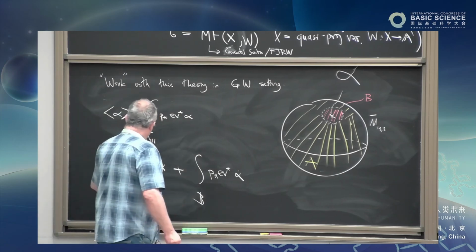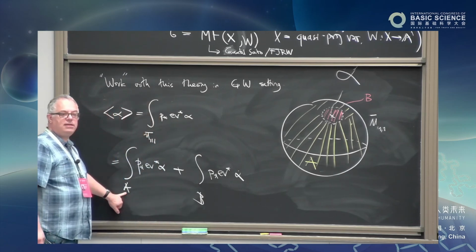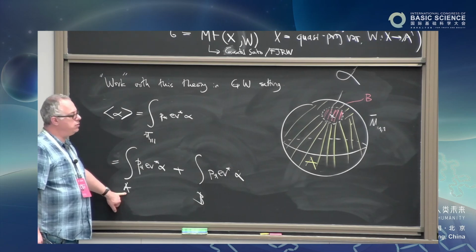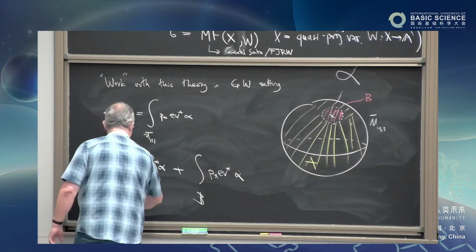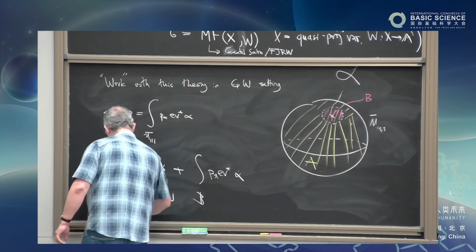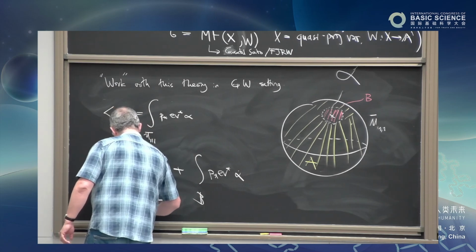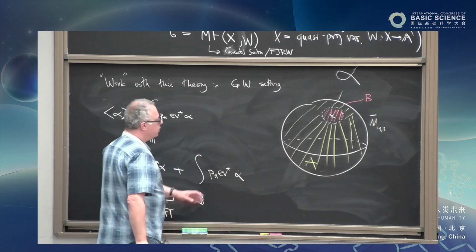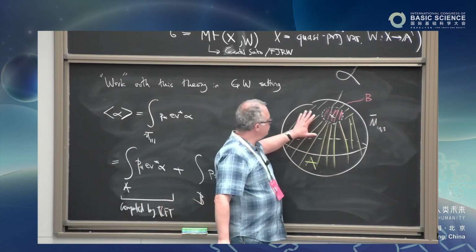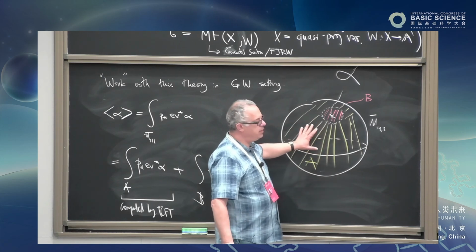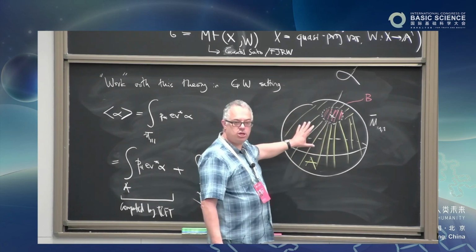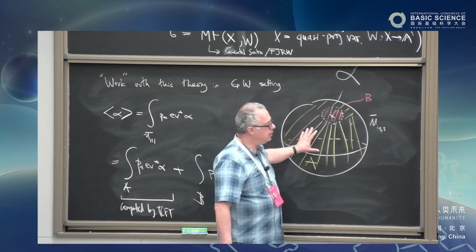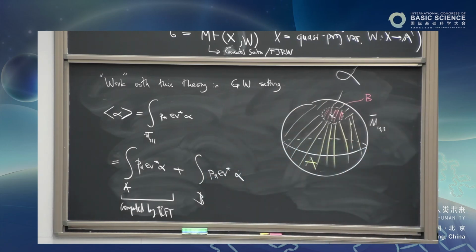The integral on the A part, the nice thing is this is already computed by the TCFT. This A is not a closed chain, but it's a chain completely contained inside MGN.